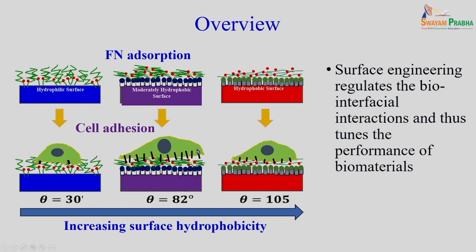This adsorbed protein is going to present different cell adhesion molecules, and depending on their secondary structure after the adsorption, it is going to facilitate the cell adhesion. Especially in the case of the hybrid surface with moderate wettability, we observe better cell adhesion.